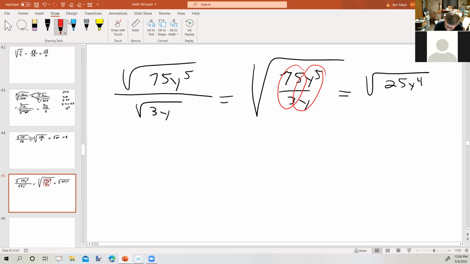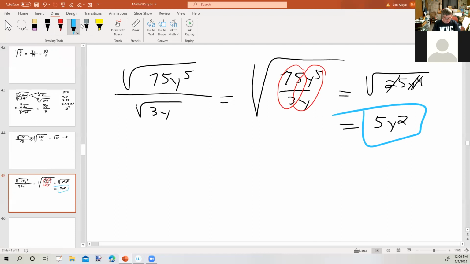Okay. Well, then from here, the square root of 25 is 5, and the square root of y to the 4th is y squared. So there's your final answer. Okay with that? All righty.